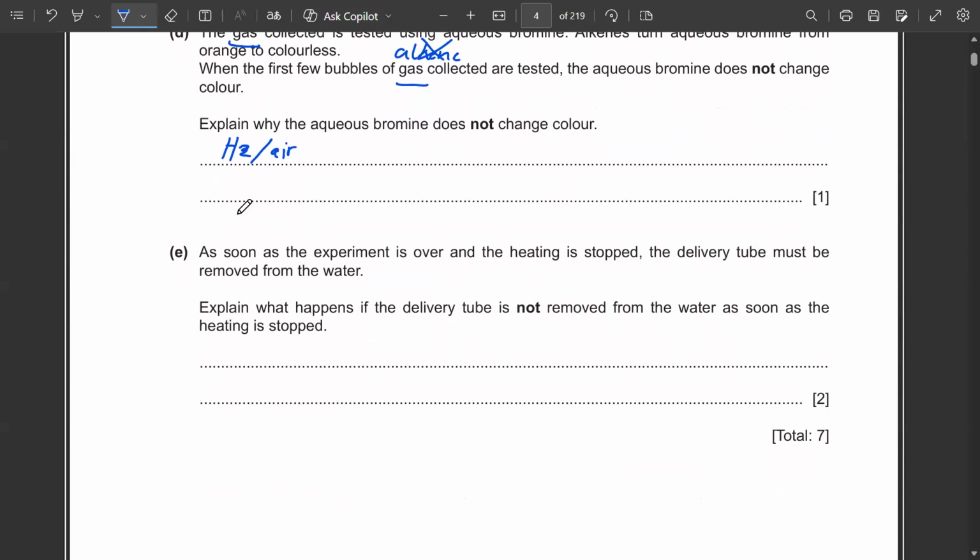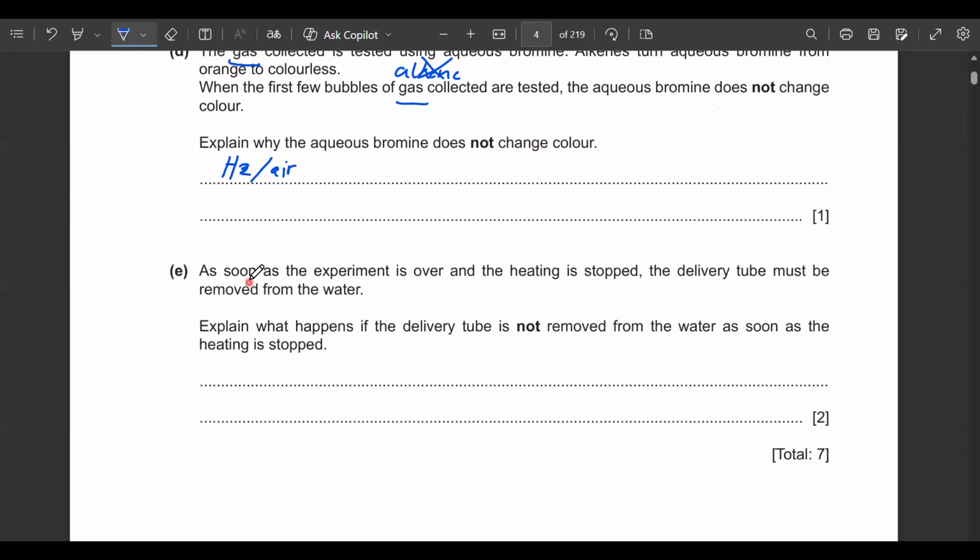Then the next part: as soon as the experiment is over and the heating is stopped, what happens if the delivery tube is not removed from the water as soon as the heating is stopped? Okay.